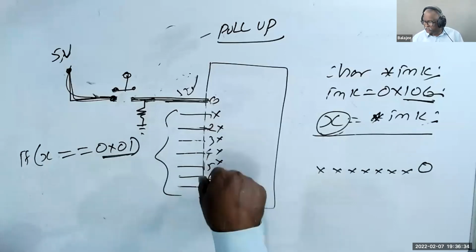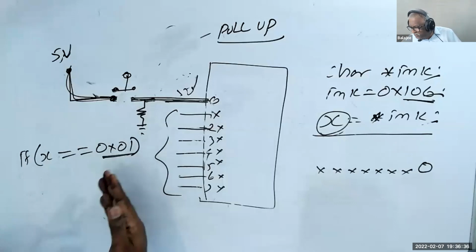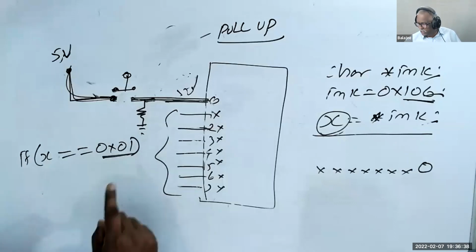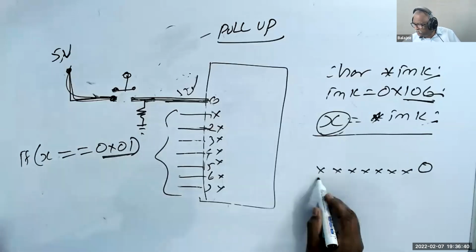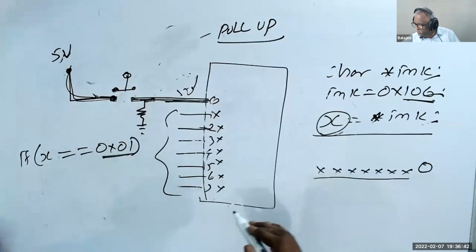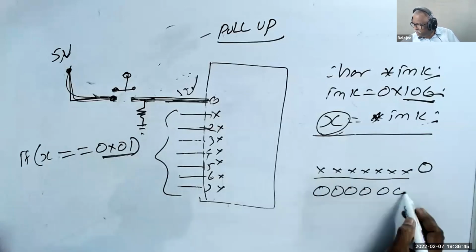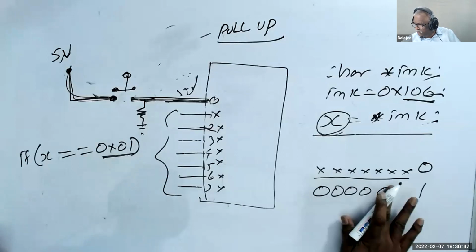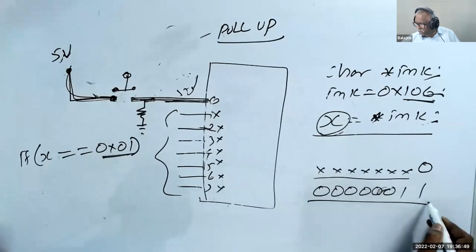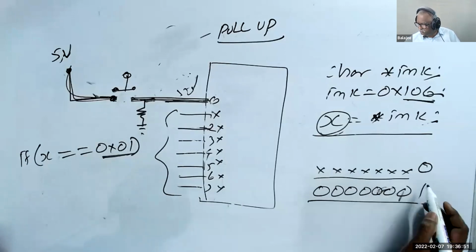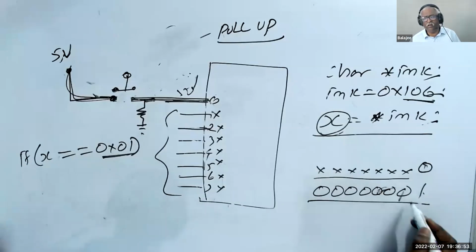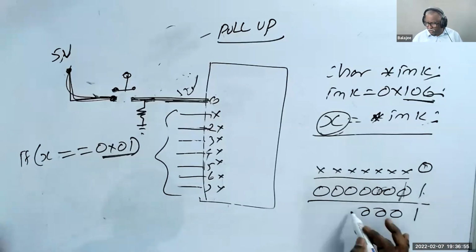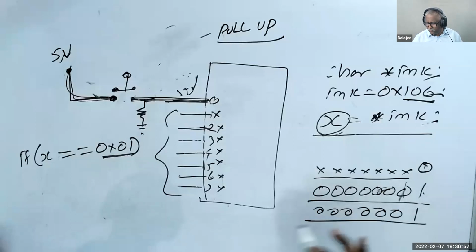So what I'm doing is, to make sure that this bit has to be 0, I am ANDing with 001. When you AND with 0, this becomes 010, but all the other bits are cleared. This operation is called masking.